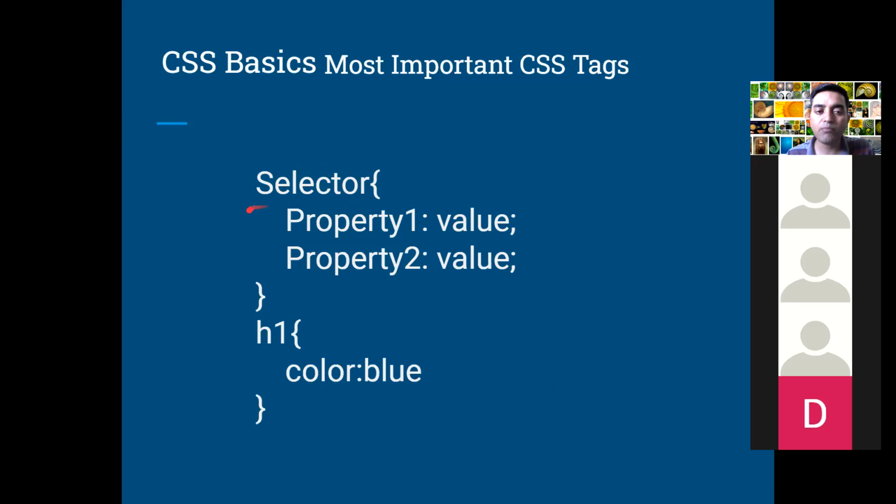Inside that, we have the property, what I want to change, and with the property, there is the value. Suppose I want to change the color. So color is the property, and what color, red, blue, green, is the value.